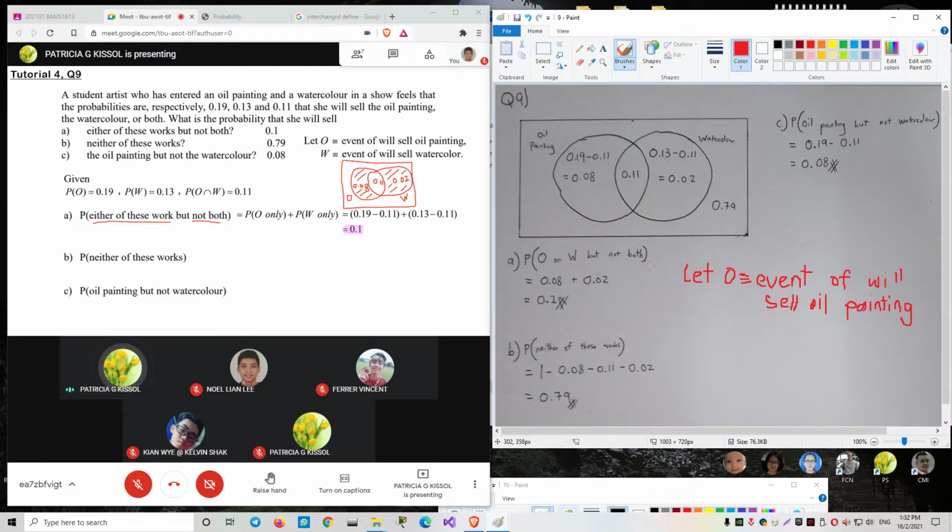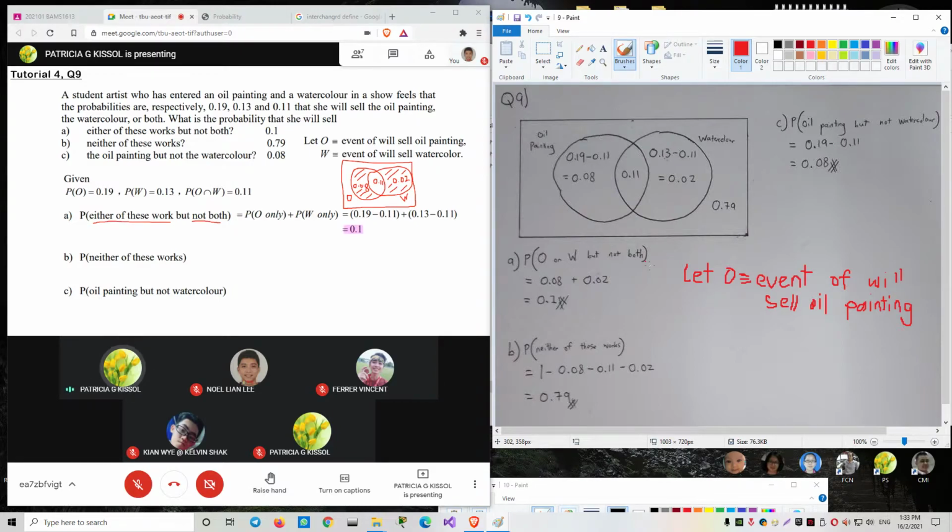So if you look at it, 0.08, yep, I found my calculator already. 0.08 is that area, plus 0.11, plus 0.02. Oops, I pressed my calculator wrongly. You would get neither of the works.